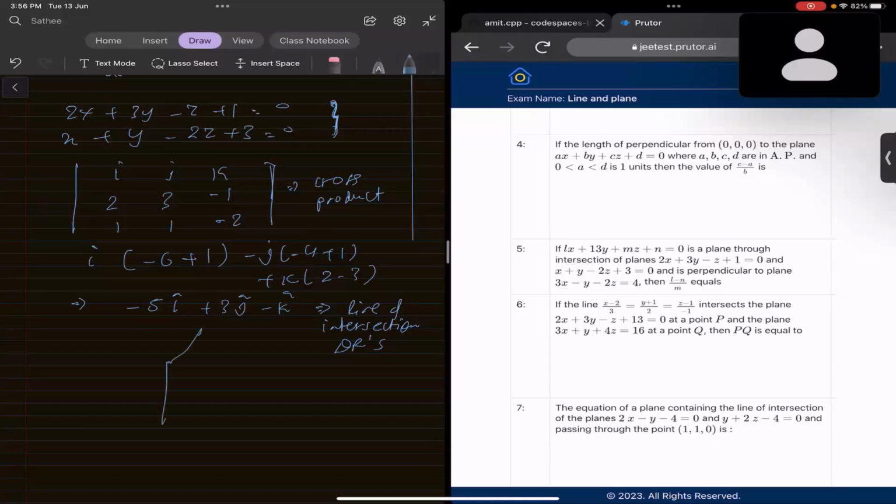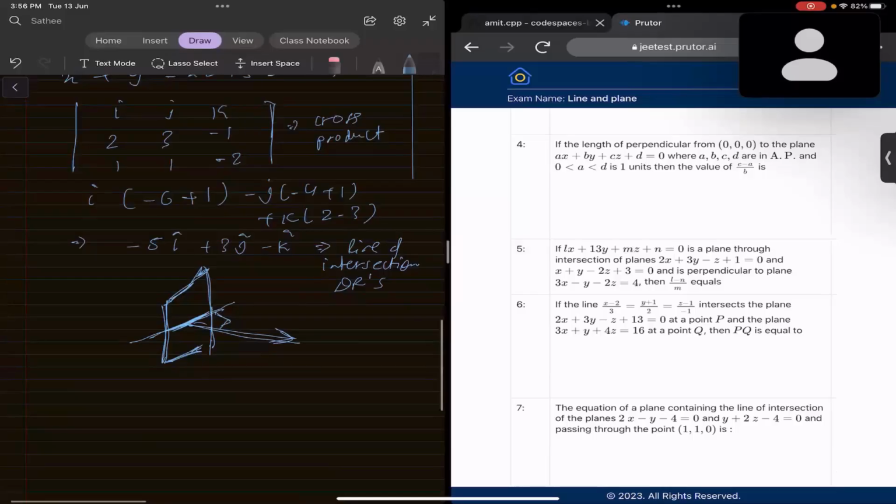Let me clear it with a picture. So this is some line of intersection, and our plane is passing through this line. So can we say that the normal of this plane would be perpendicular to this line of intersection? If we do it that way, then the normal of lx plus 13y plus mz plus n would also be perpendicular to this line.